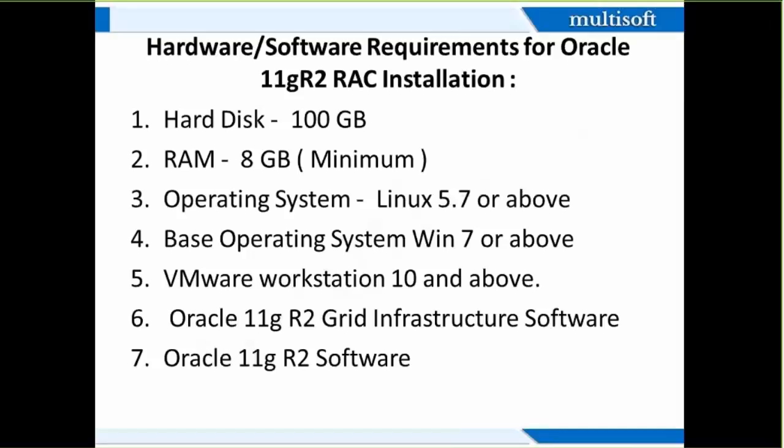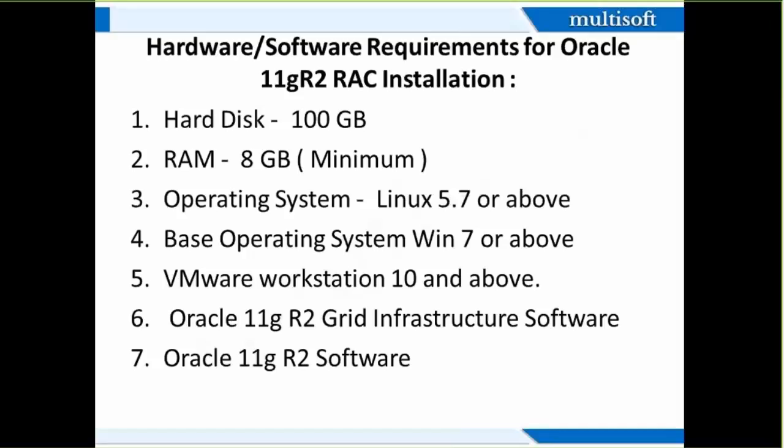So what are the requirements to install 11g R2 RAC? Minimum 100 GB, because I am going to install all these things on virtual machines, so at least 100 GB of hard disk is required. At least 8 GB RAM to install one storage, DNS, and 2 node cluster, right?